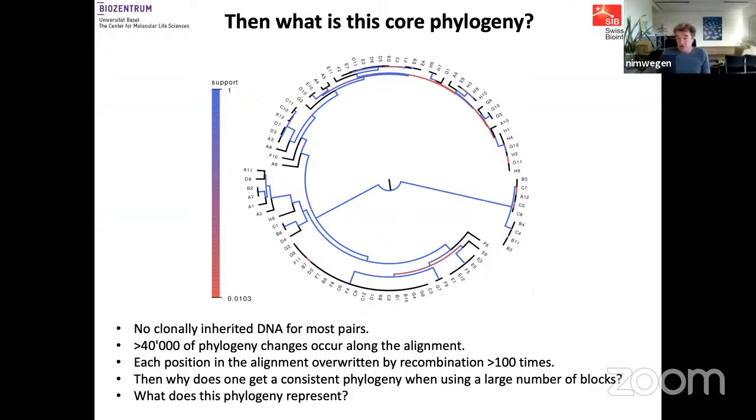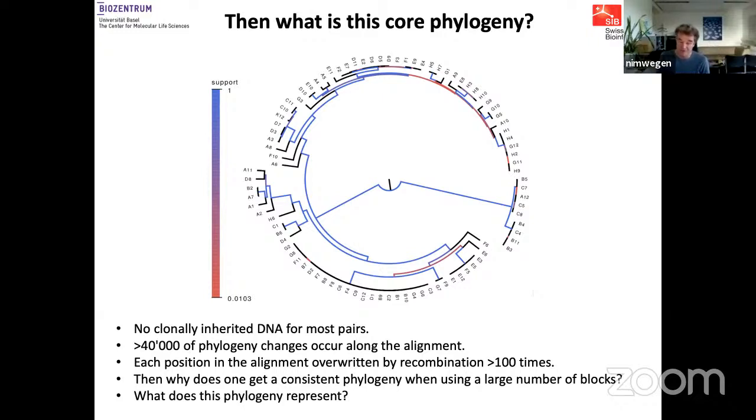All right, so this is a summary of some of the statistics that we looked at, and we looked at a whole bunch of other statistics. They suggest that this multiple alignment of the core genomes of our strains has been completely chewed up by recombination. For most pairs, no DNA was clonally inherited between them.